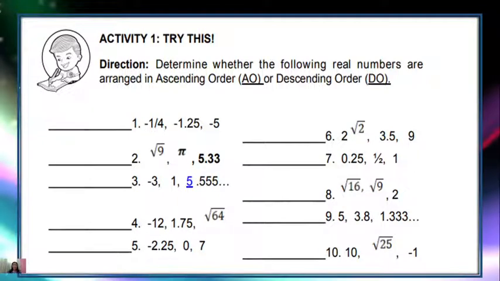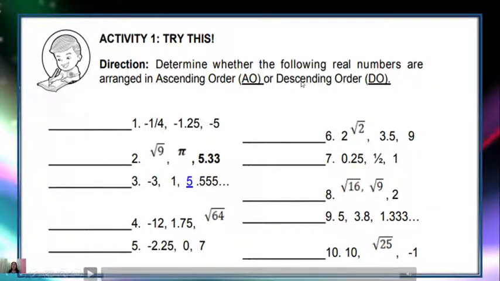That is ascending order. So if the given numbers are arranged in ascending order, you are going to write AO on the blank, on the space provided. And then descending order. So what kind of arrangement is descending order? So the first real number should be the largest number until the least or the smallest number.